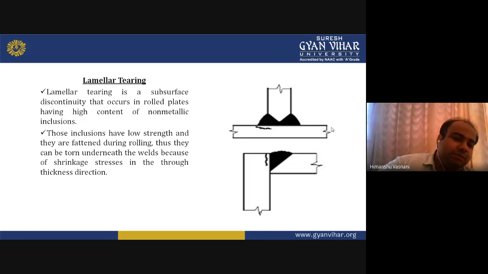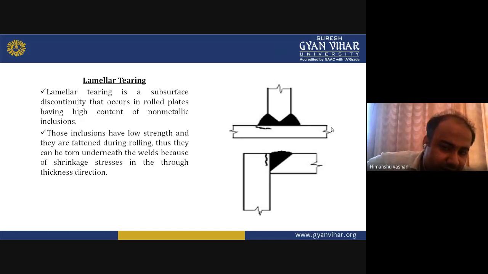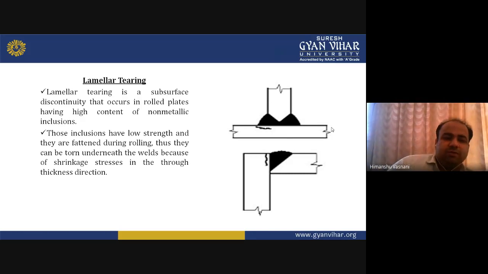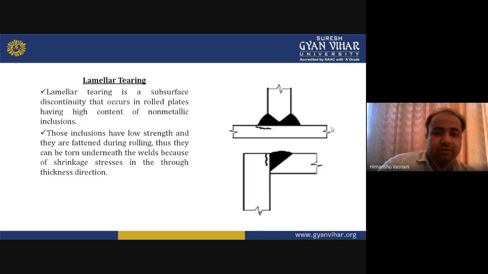The black zone is welding, and the horizontal and vertical lines shown in the upper and bottom diagram are all called laminar tearing. This may also lead to tearing, so this is a serious issue.